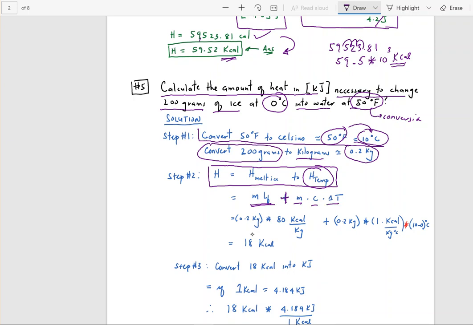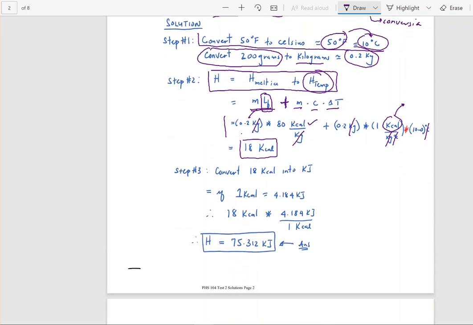The setup can be seen here. 0.2 kilograms will be our mass, and there's a reason why: the latent heat of fusion can also be written in grams, but just to make life easier, you want to make the units the same. So the grams cancel out, and we're only left with kilocalories on this part of the equation. The kilograms cancel out, the Celsius cancel out, and we're left with kilocalories. When we add everything together, we get 18 kilocalories.